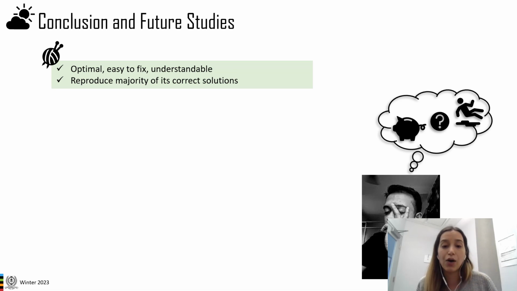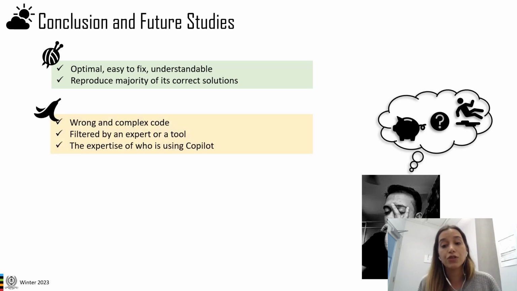I can say that Copilot generates optimal code and code that is easy to fix and understand, and it can reproduce those correct solutions in different runs and even different schedules. But it still generates wrong code and complex code, and those solutions really need to be filtered by an expert or a tool before being added to software projects or open source projects.